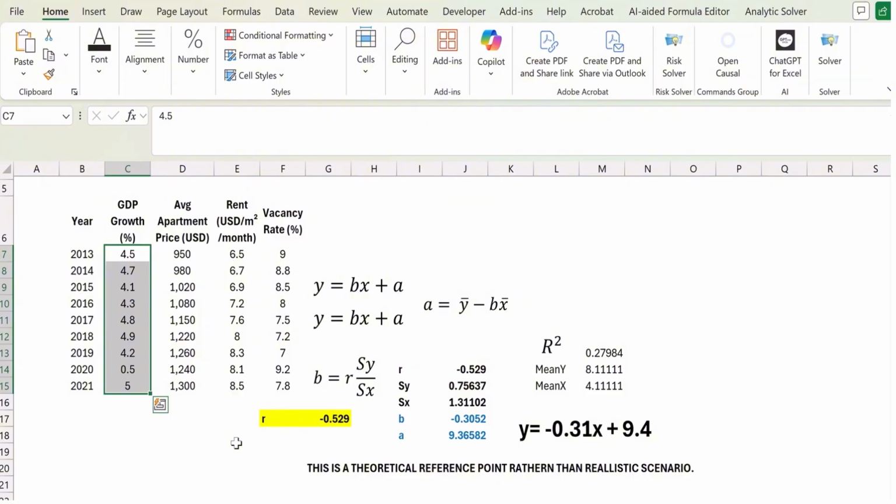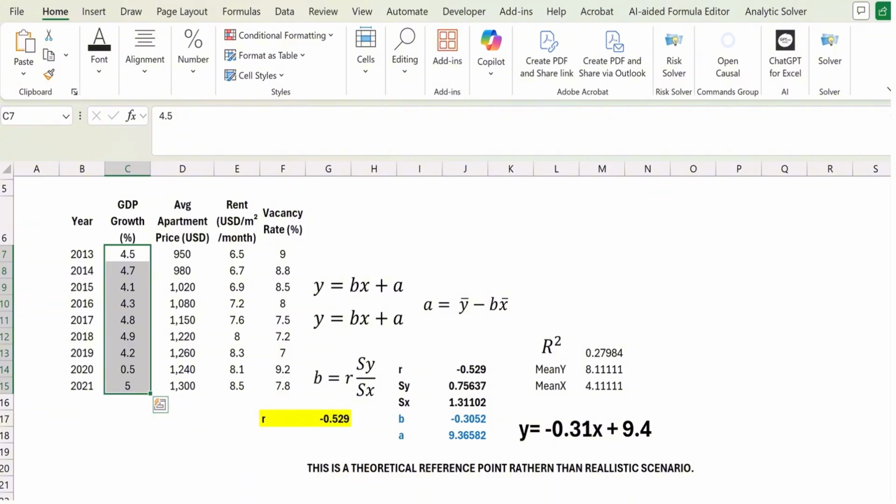Because of this, the adjusted R squared is lower than the regular R squared. This warns us not to overstate the model's explanatory power.